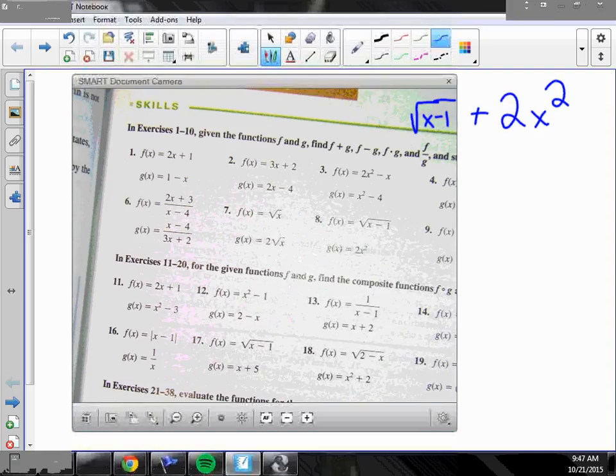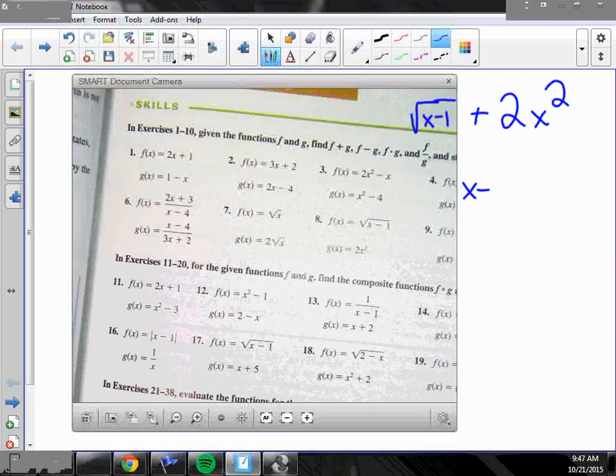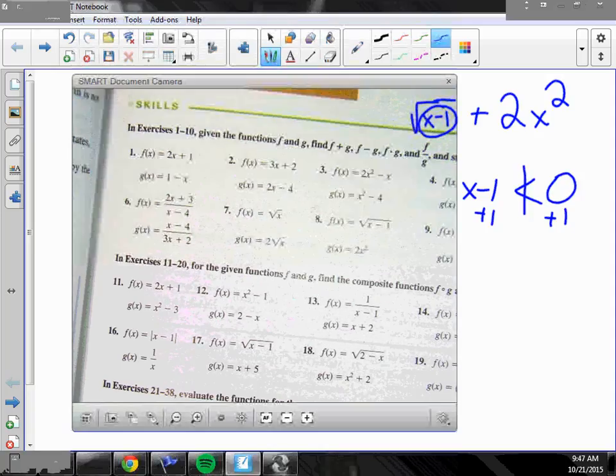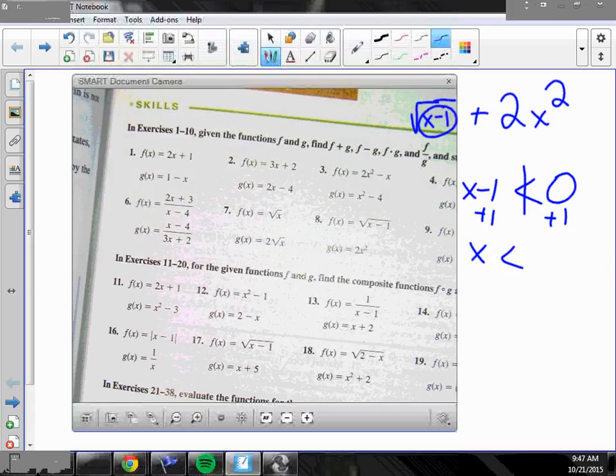No. Do we have to worry about square rooting negatives? So x minus 1, this stuff is not allowed to be negative. So this stuff cannot be less than 0. I'm going to add 1. X is not allowed to be less than 1.